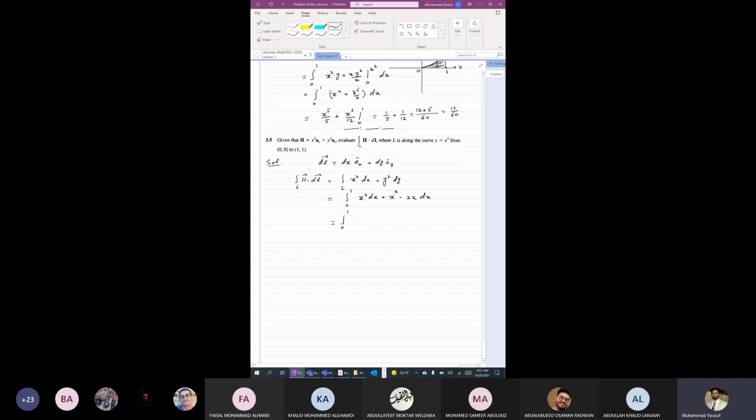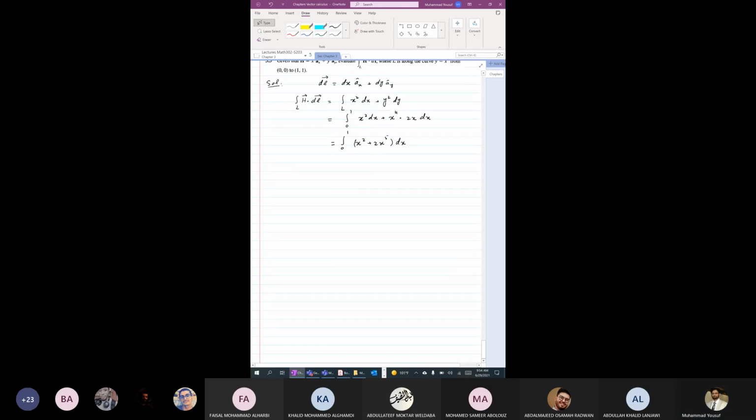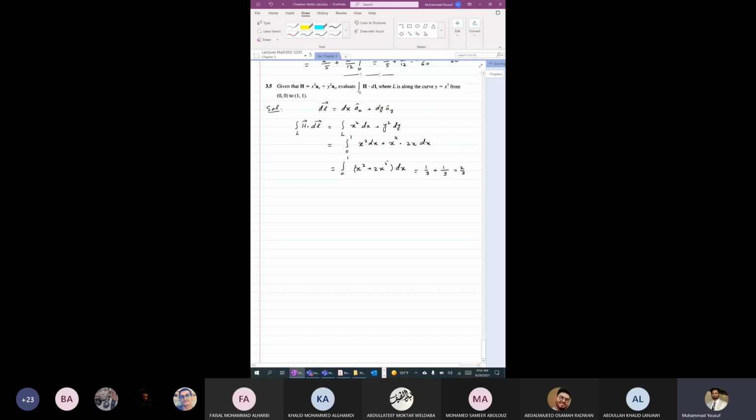So it is from 0 to 1 of x square plus 2 x power 5 dx, and this will give us the answer, because limits are 0 to 1, 1 over 3 plus 1 over 6, again 1 over 3. That is, it will be 2x power 6 over 6, 2 over 6, 1 over 3, and x is 1. So the final answer is 2 over 3. Very easy, straightforward, simple question.